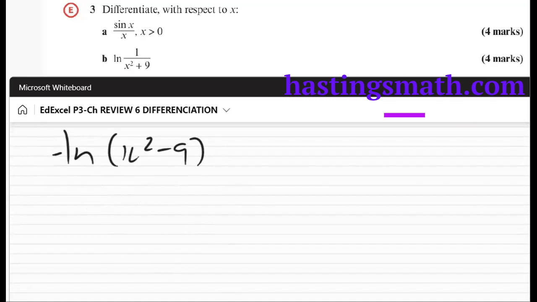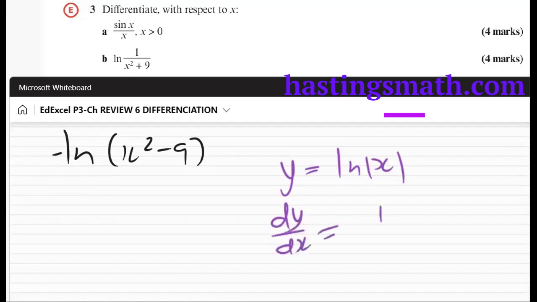So we want to know what dy dx is. Well, if you have a function y equals ln x, then dy dx will be 1 over x. But our x is a whole other function, so don't forget that it's kind of like a chain rule.